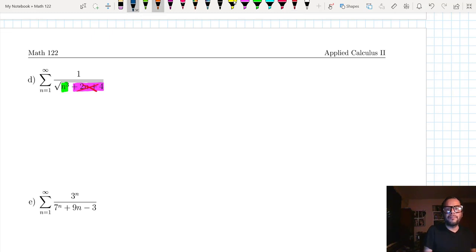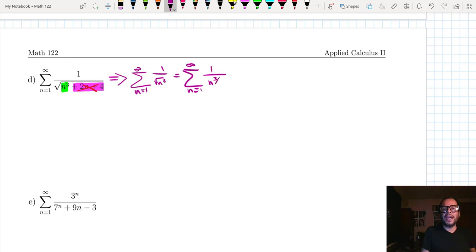Okay, so this series is somehow related to the following series: sum from n equals 1 to infinity of 1 over the square root of n cubed, which is the same as the sum of 1 over n to the 3/2.